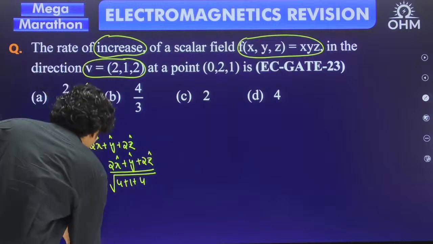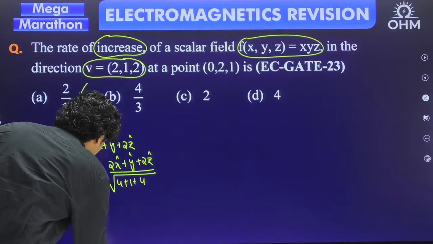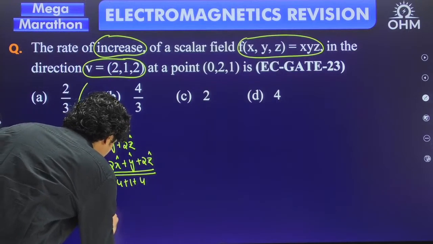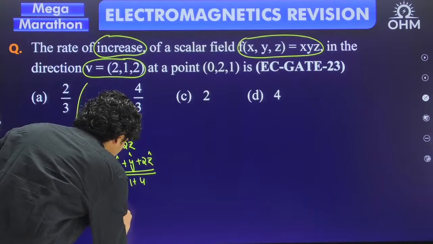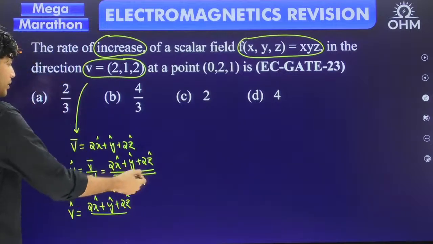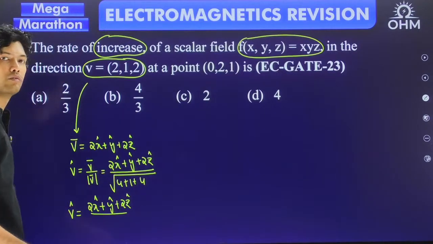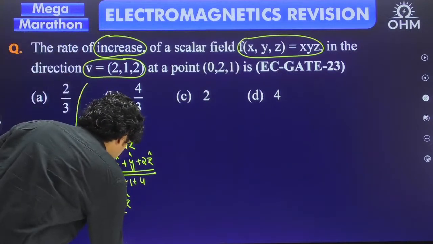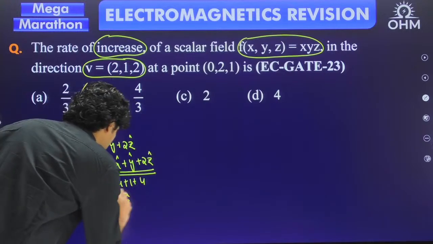So finally v cap equals 2x cap plus y cap plus 2z cap divided by the square root of 4 plus 1 plus 4, which is the square root of 9. Square root of 9 is 3. So the first part of the problem is done.